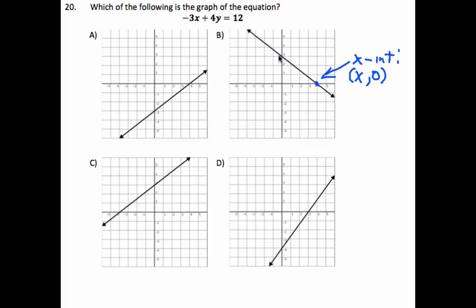The y-intercept is where the graph crosses the y-axis. And it too will have 2 coordinates, but you know something about one of the coordinates. Since we're right on the y-axis, we have not gone left or right, so that means the x value is 0, and the y is whatever it is.